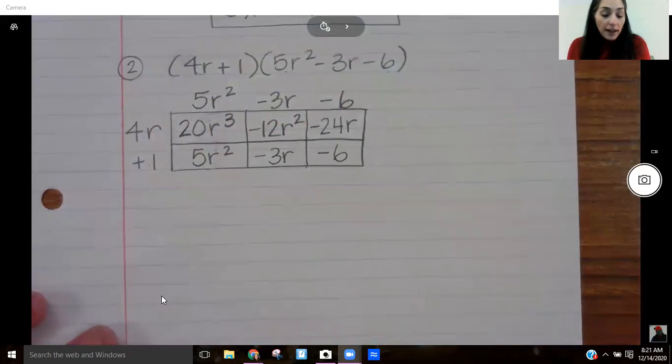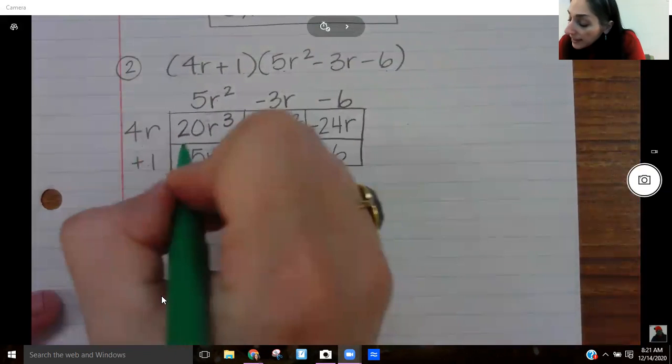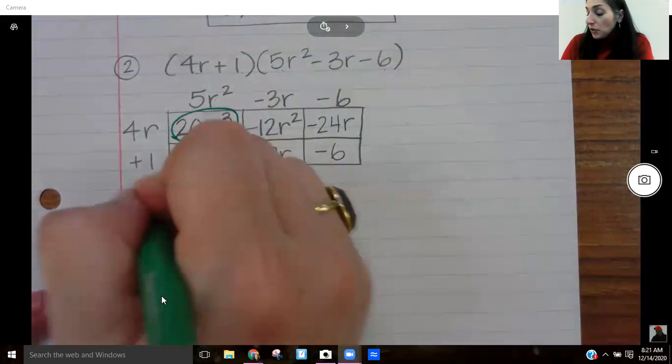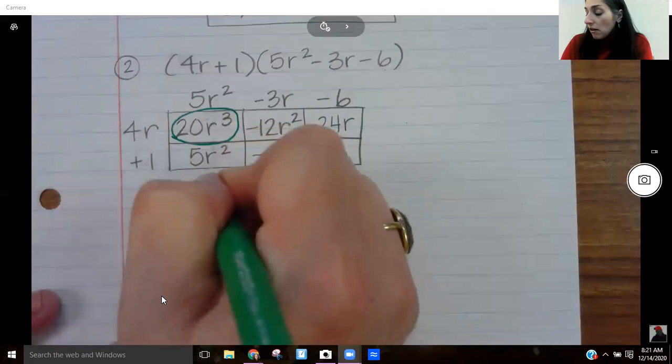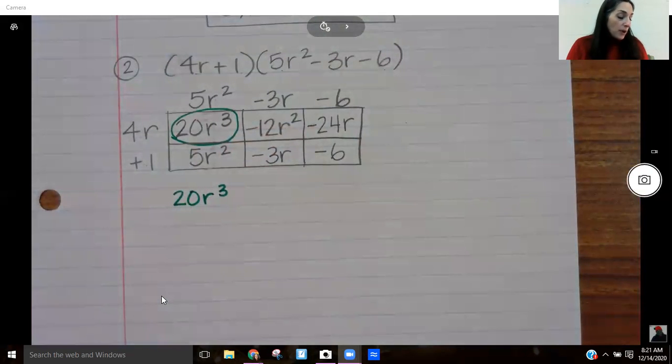So combine the things that are like terms. If they're not like terms, then they just stay separate from each other. So the only thing that we have with the r cubed is this 20, so you write 20r cubed. Now we also have some squared terms.